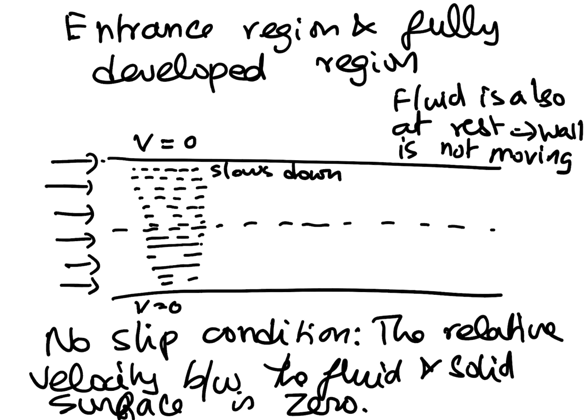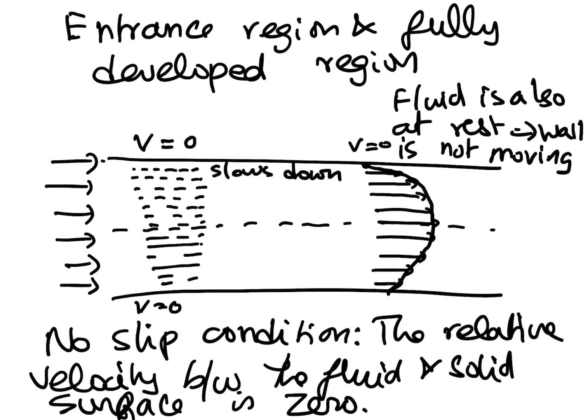So the fluid very next to the wall is brought to 0. It pulls back a little on the fluid next to it, which pulls back a little bit on the fluid a little further away, and so on, until the center line, you get the classic parabolic shape velocity profile.